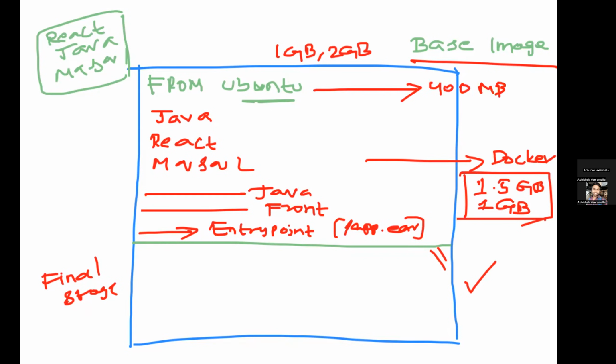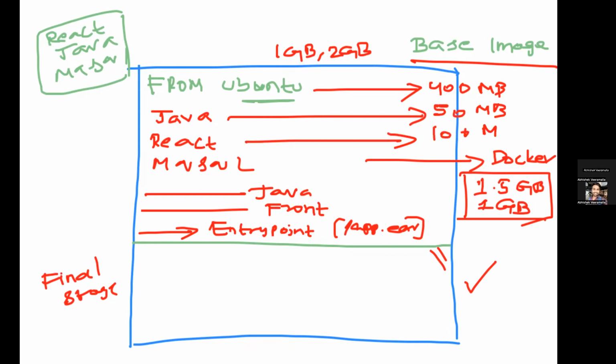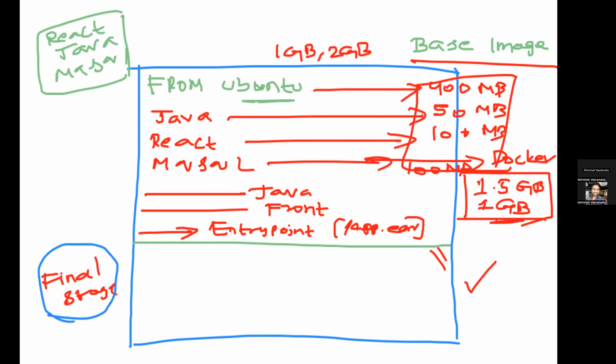On top of that you have installed Java, so it can be some 50 MB. On top of it you have installed the React related things, again it can be some 100 MB. On top of it you install MySQL, then again it can be 100 MB. So you have piled up all of these things on your base image, because of which it went to 1 GB.